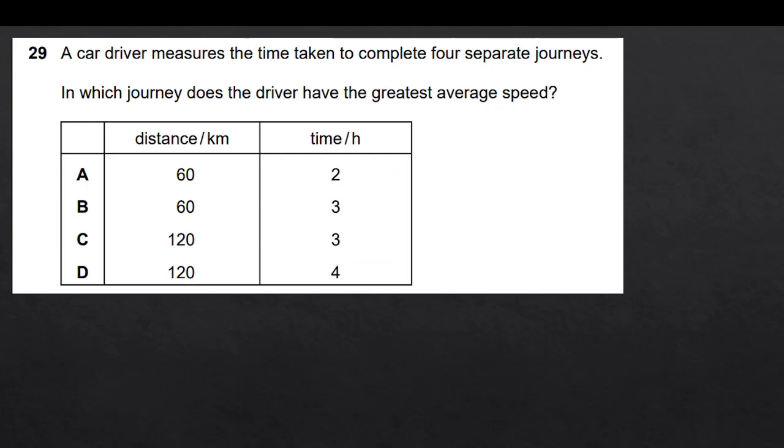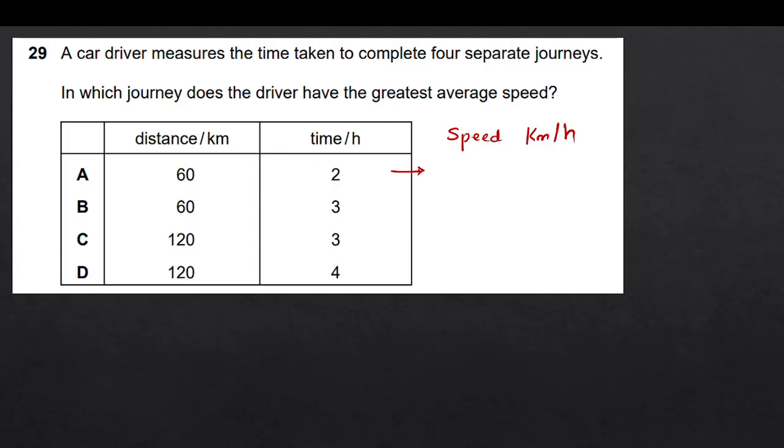Question 29. A car driver measures the time taken to complete 4 separate journeys. In which journey does the driver have the greatest average speed? To solve this question, we have to know the average speed in each case. Let's look at case 1. If I take one more column as speed, the unit here will be kilometer per hour. For the first one, the average speed is distance by time, so it's 60 divided by 2.